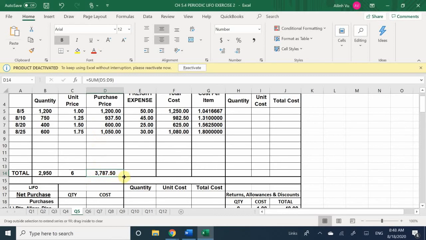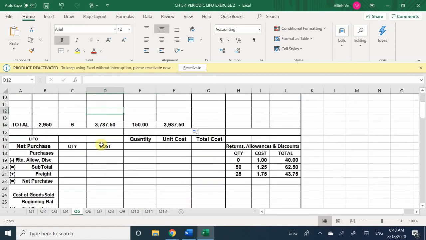What is my total freight expense? It's 150. And what is my total cost? 3,937.50. Perfect. Good.